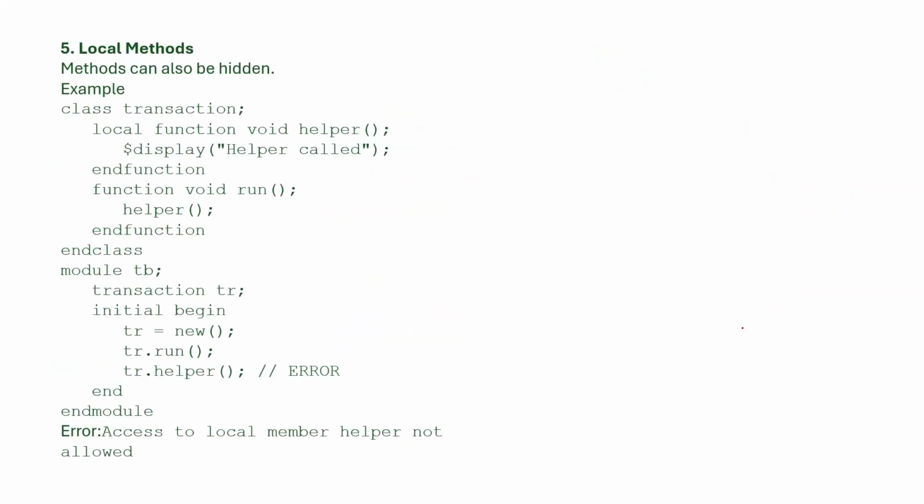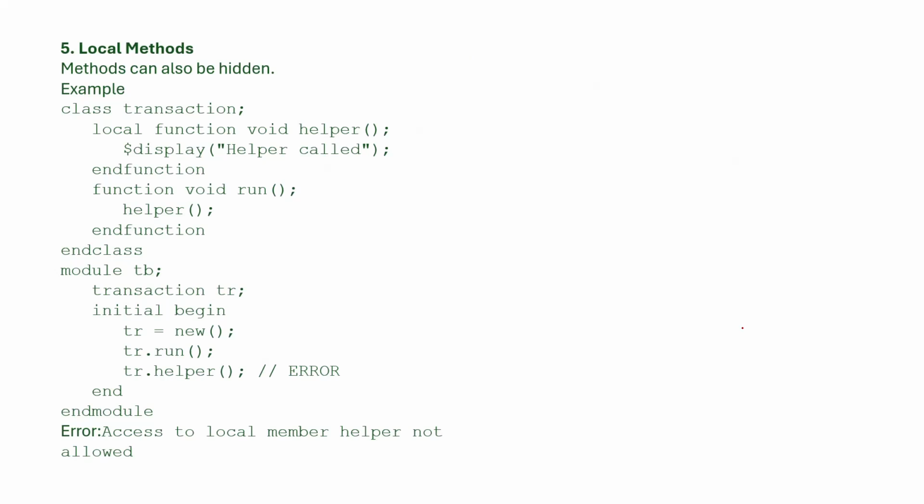Same thing, local methods. You can also use local methods. The same local methods we can use in your class only, and don't call this local method in your module. We don't have the access to call it in your module, just display only.